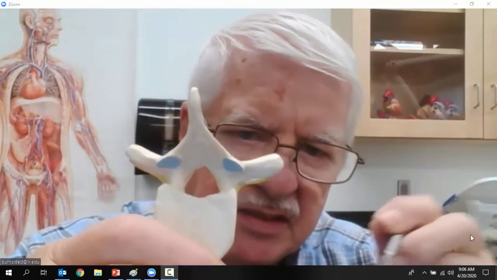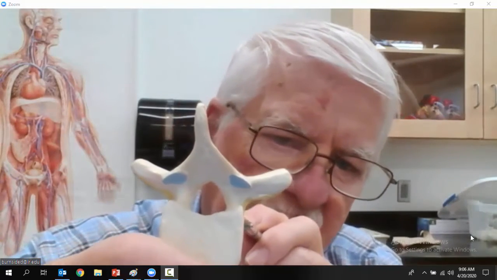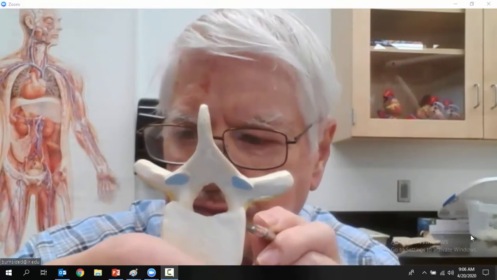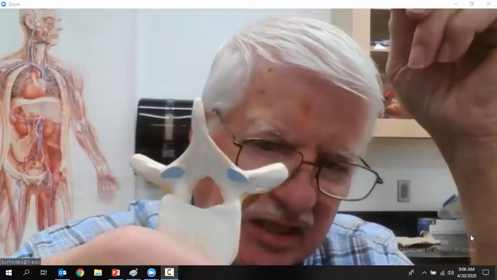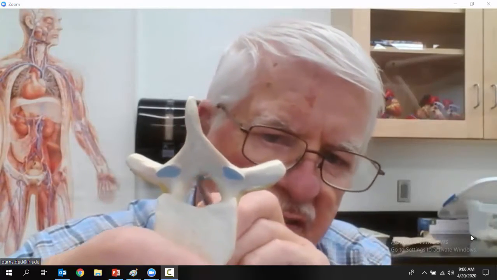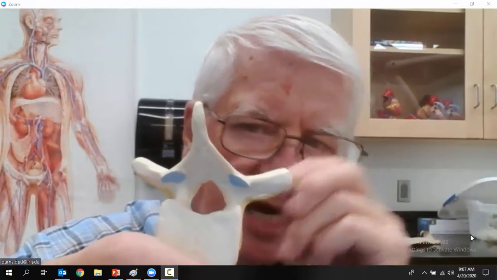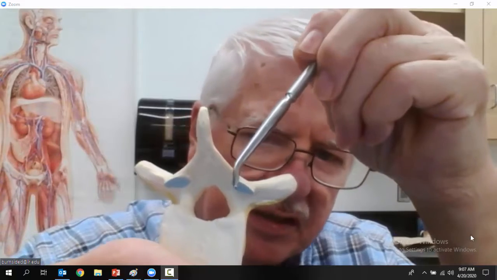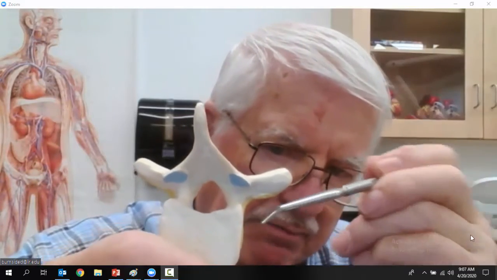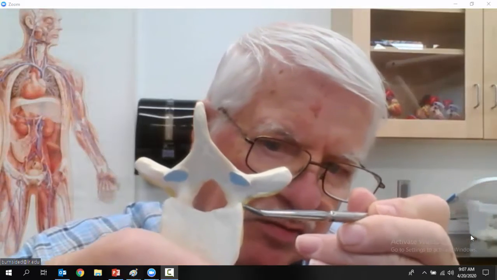And then the bottom part of the arch is called the pedicle. So the arch is the whole thing on the side. The top part of the arch is the lamina, and the bottom part of the arch is the pedicle.